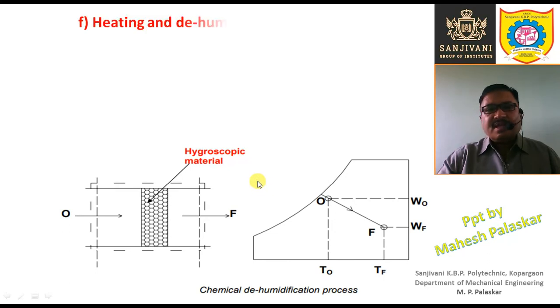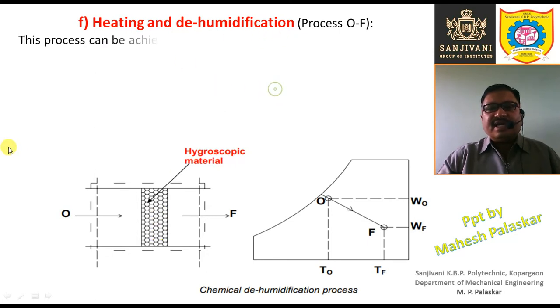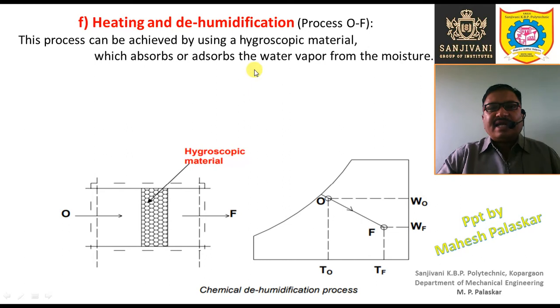So the heating and dehumidification process, OF, is shown here on the psychrometric chart, and here this air is flowing through this duct. The air stream comes in contact with some hygroscopic material and that leads to heating and dehumidification of the air. So this process can be achieved by using some hygroscopic material which absorbs or adsorbs the water vapor from the moist air.